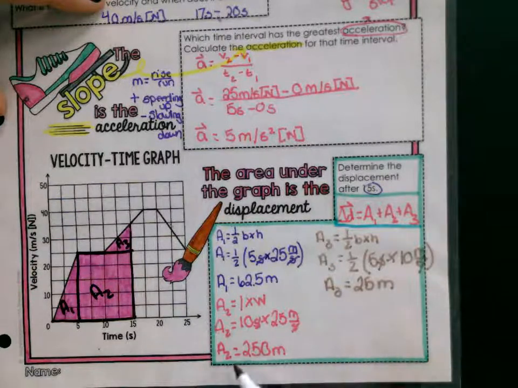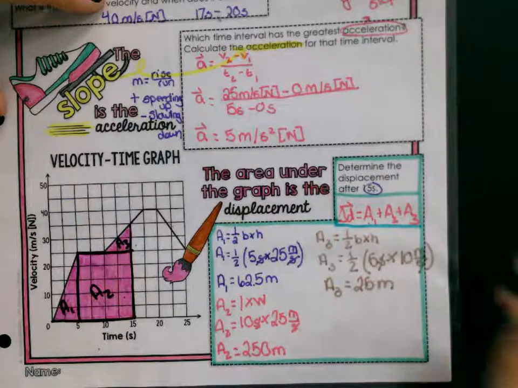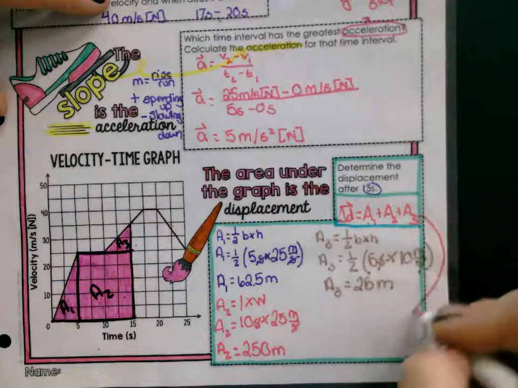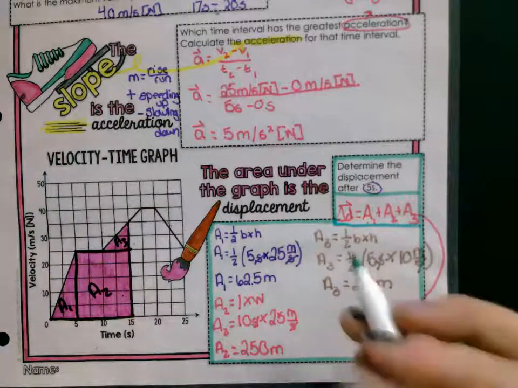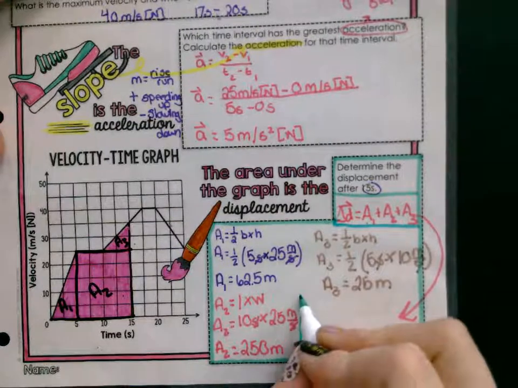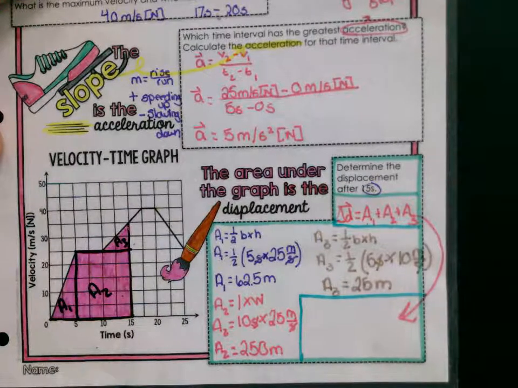All right, so now that I've figured out what A1, A2, and A3 are, what their area is, all I have to do is add those things together. So in my notes, I'm just going to draw a little box so I can differentiate. I did the math here to find the areas. Now I'm going to plug it in.